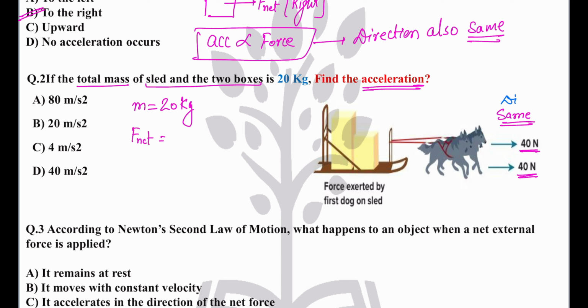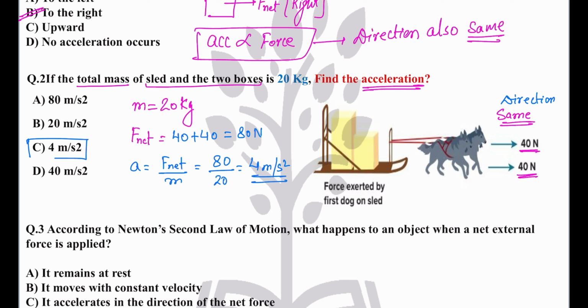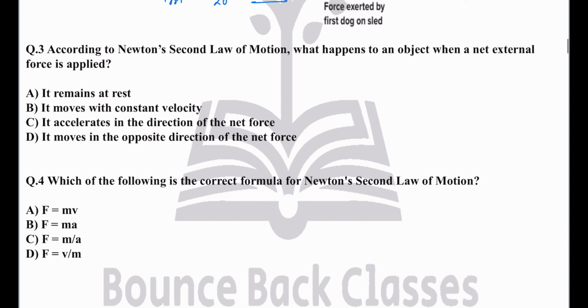Same direction, so can I add them? 40 plus 40, can I say 80 Newton? So I need to find acceleration, F net divided by mass. 80 divided by 20. So it will be 4 meter per second square. Clear? Fine? Okay. Next question.